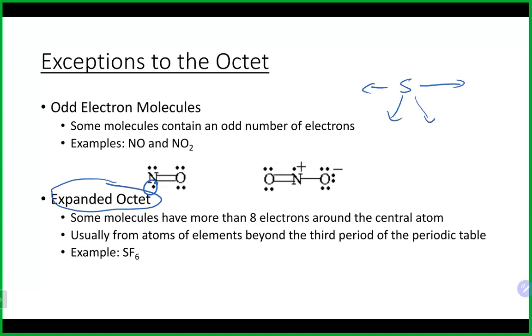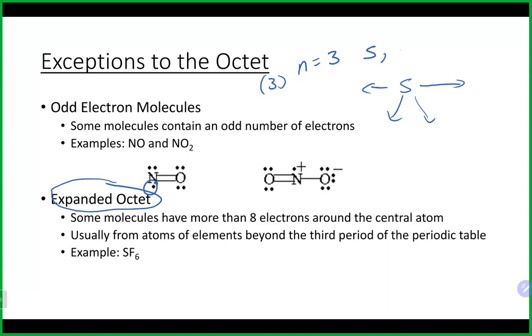Now, why could they go over 8? Because if you look where sulfur is on the periodic table, that's in period number 3. And if you remember from electron configuration, period number 3 is the third energy level, the n equals 3 energy level. What orbitals begin on the third energy level?